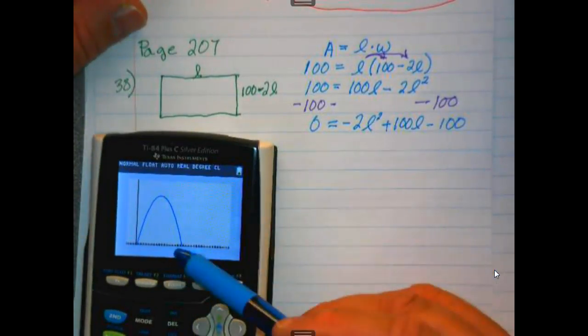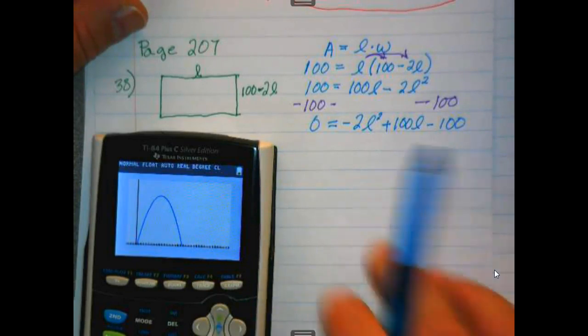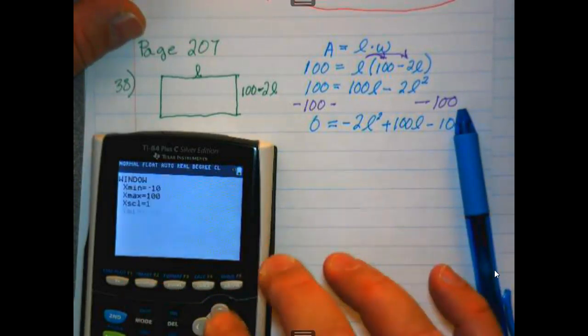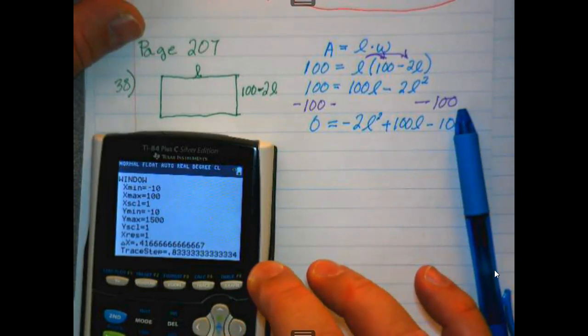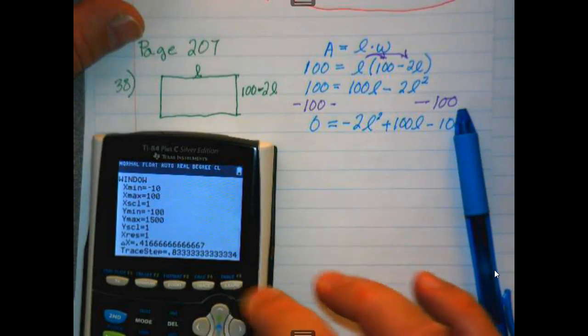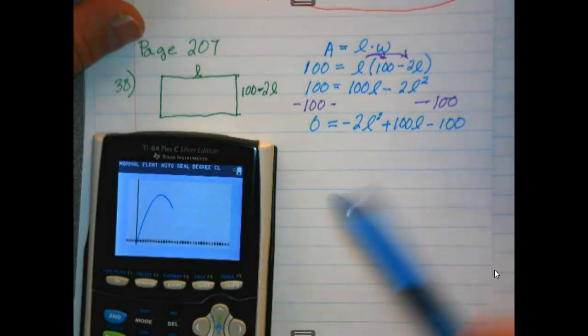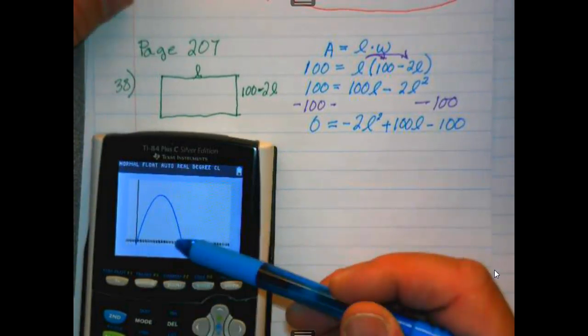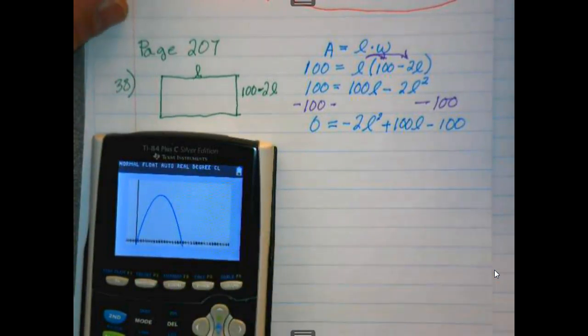So we're looking for the intercepts, right? Let me get some negative numbers down here. Back to my window. Y minimum, I'll put that at negative 100. I just want to go down. See? Okay, so I need these two intercepts.